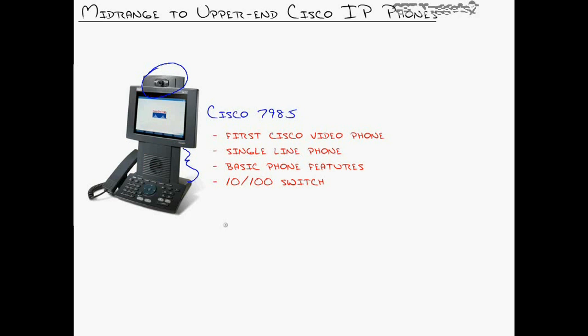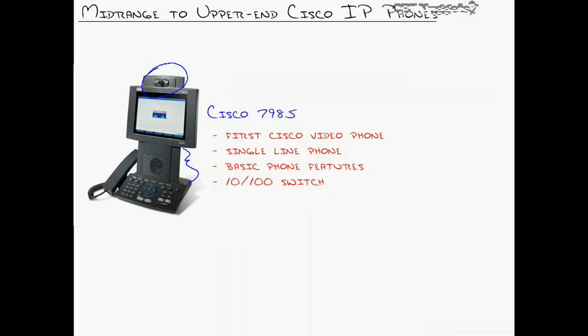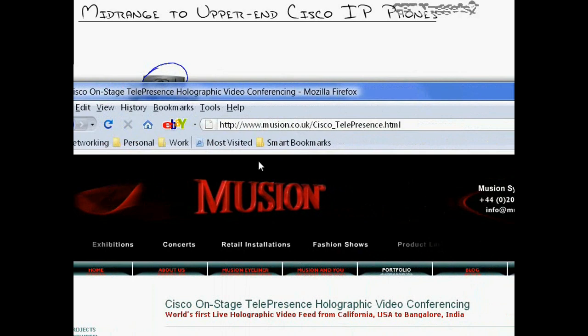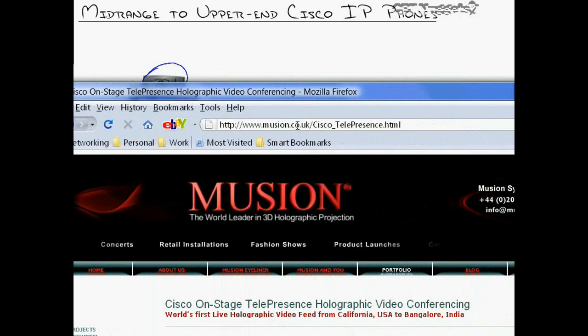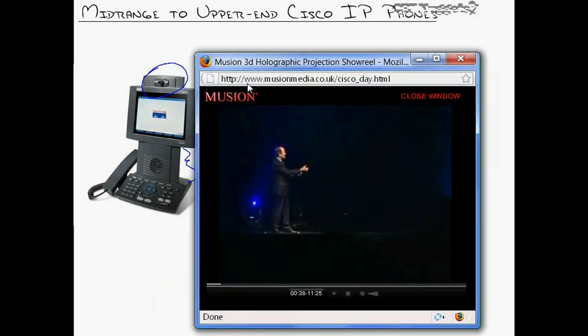There's even, oh man, hang on, I'm going to pause the video and show this to you. Okay, I found it. Check this out. This is actually the URL for this, musion.co.uk. If you go there, they actually have a video. This is John Chambers, where, watch this.